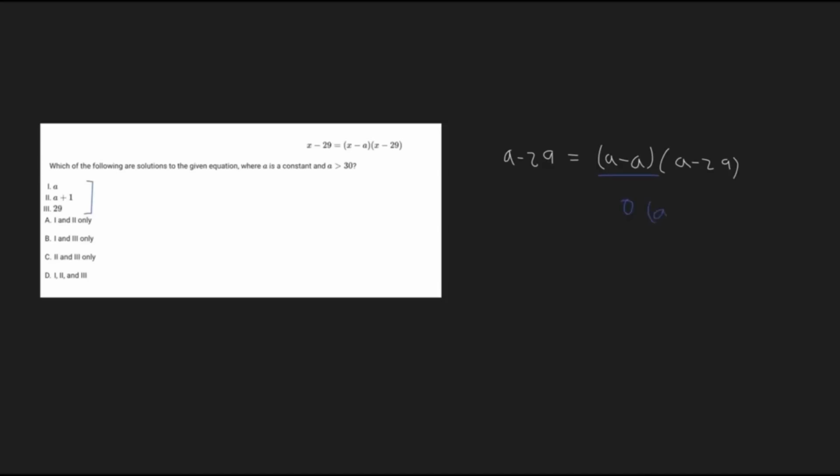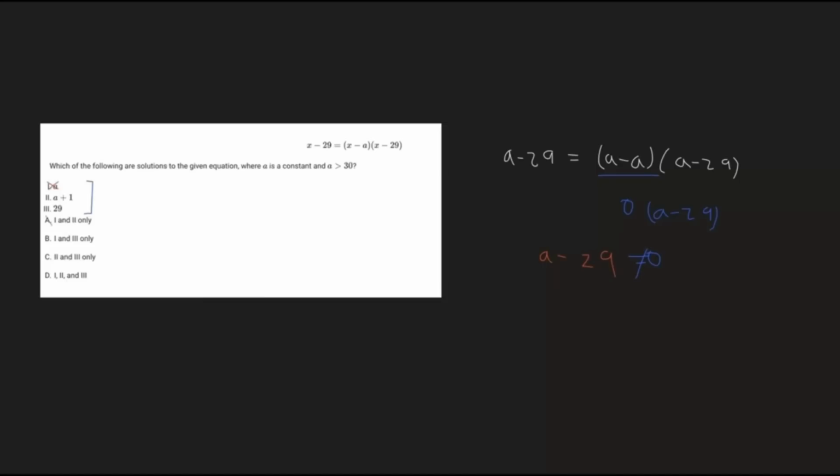And so anything we multiply here, say a minus 29, that will be equivalent to 0, right? And we know 0 is not equivalent to the left side of a minus 29. And therefore, we can rule out number 1 as an answer choice. And so anything in our answers with 1 in them is going to be incorrect.